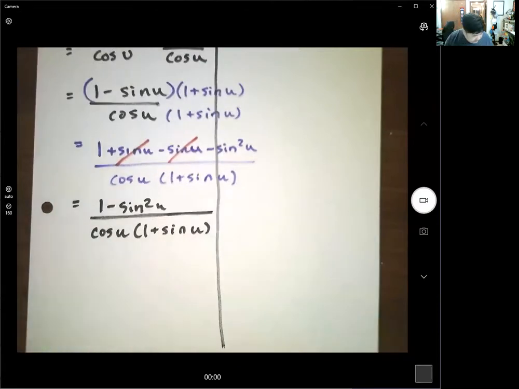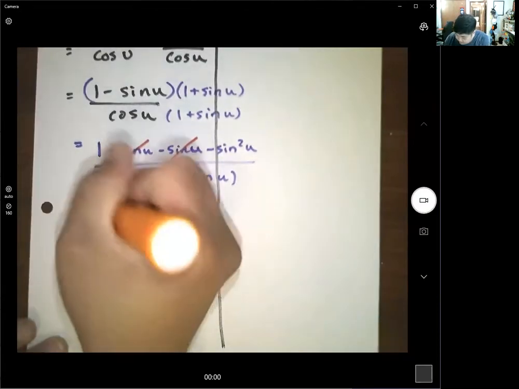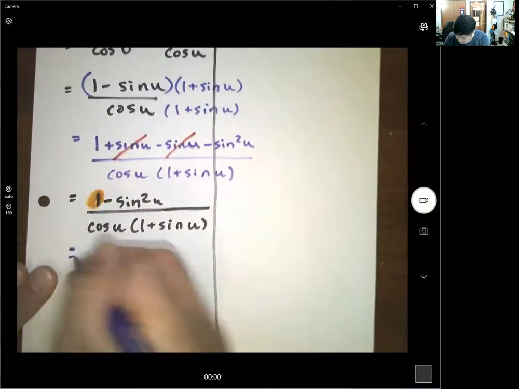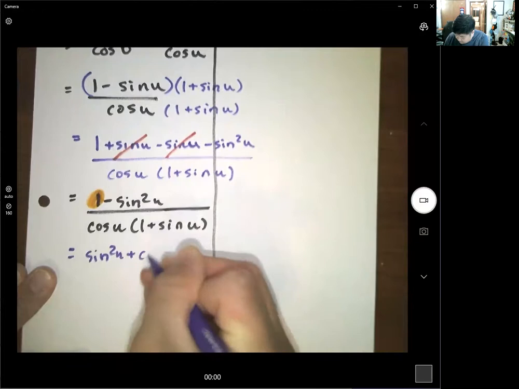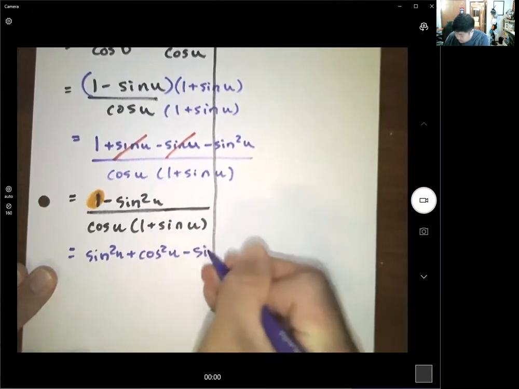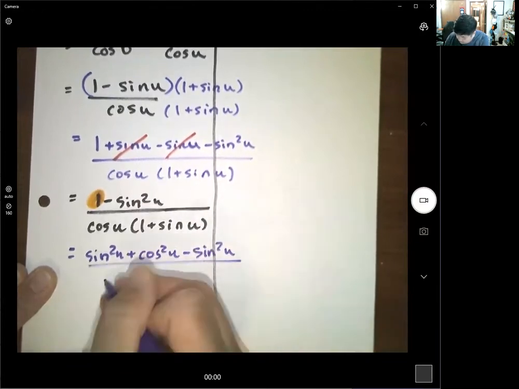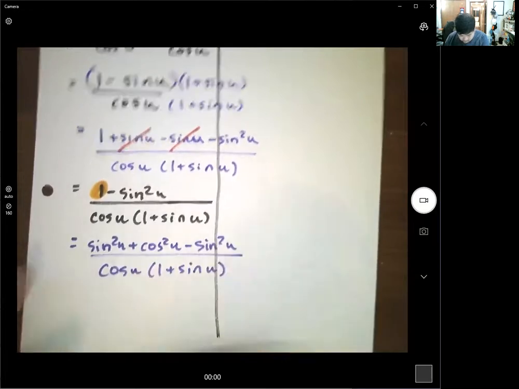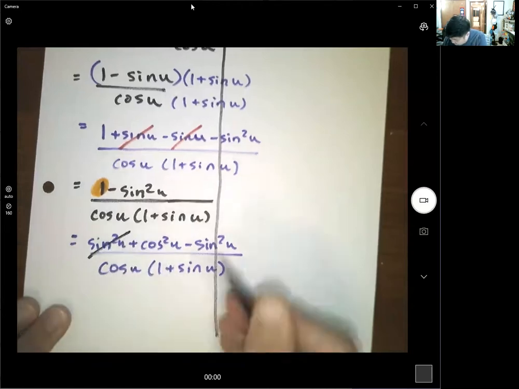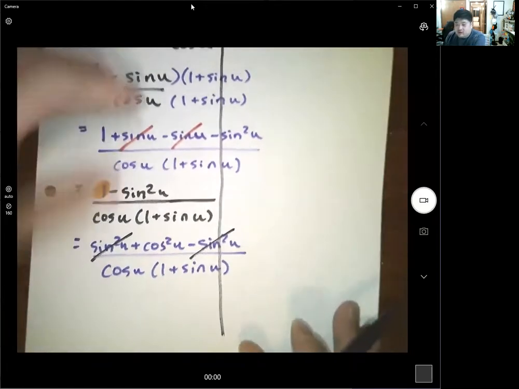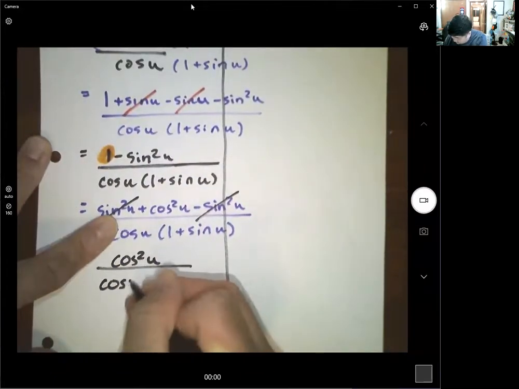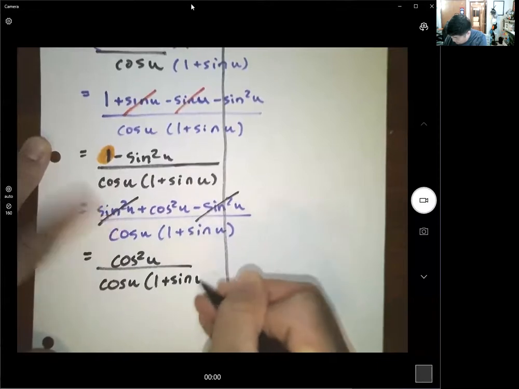And then again, remember my technique is when I have sines and cosines, then 1 is equal to sine squared u plus cosine squared u minus sine squared u, all over cosine of u times 1 plus sine of u. And then sine squared u's actually zero out. So I'm left with cosine squared u all over cosine of u times 1 plus sine of u.